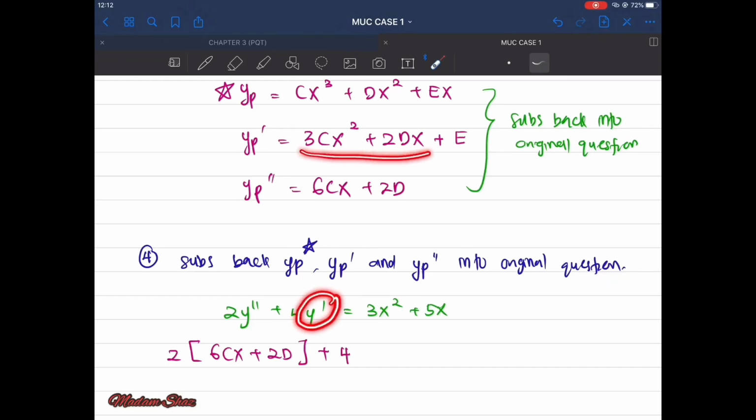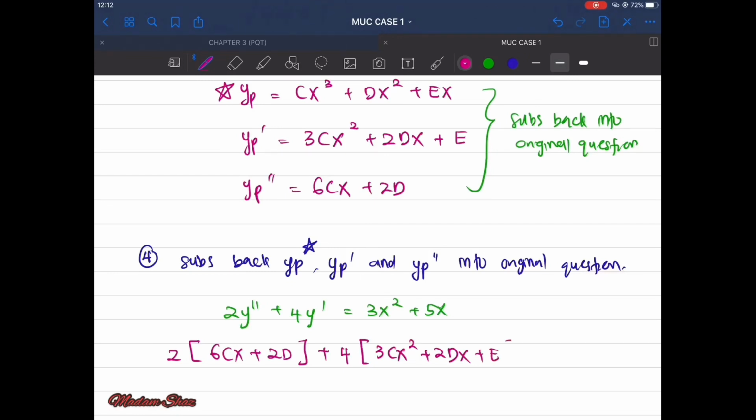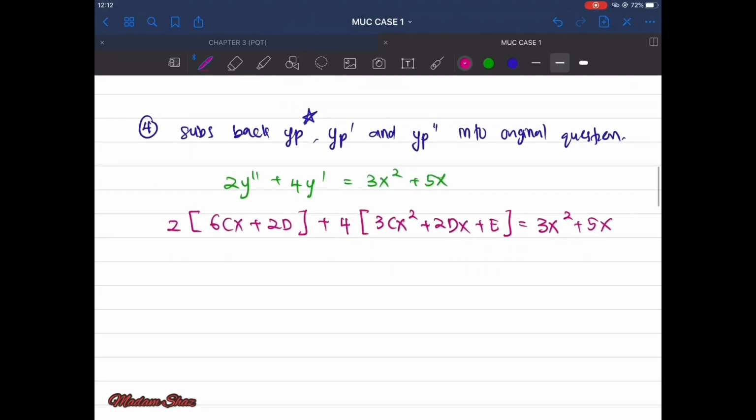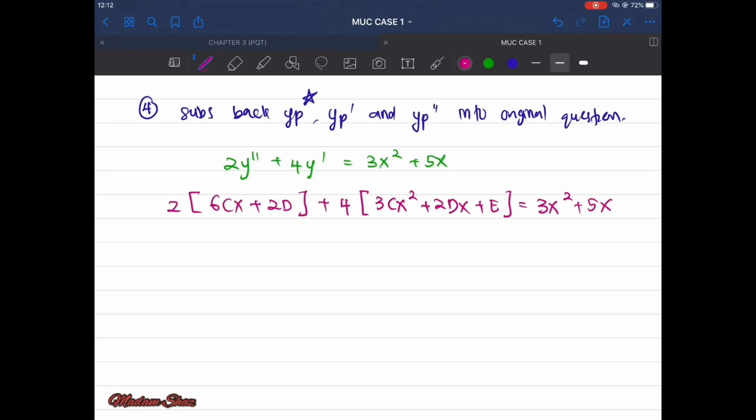So this y prime, you have to substitute YP prime. 4 multiply 3CX square plus 2DX plus E is equal to 3x square plus 5x. So now you have to simplify the left hand side first before we compare the coefficients.